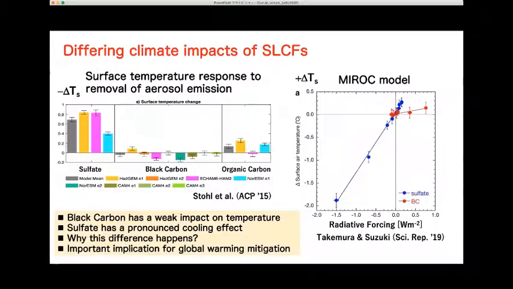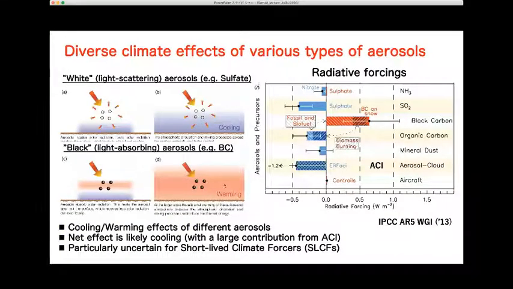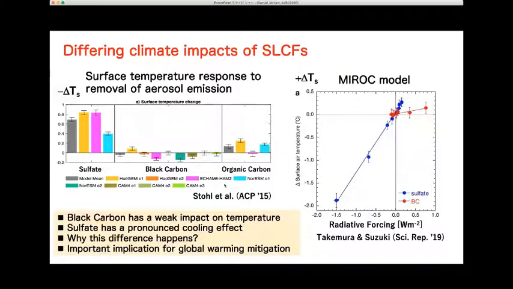But the story is actually even more complicated, because such cooling and warming aerosols are not just decreasing or increasing the temperatures; the magnitude of the temperature change is also largely different depending on the aerosol types.